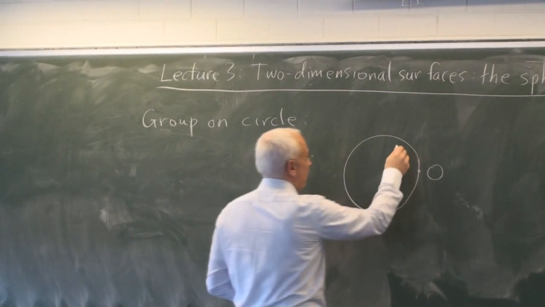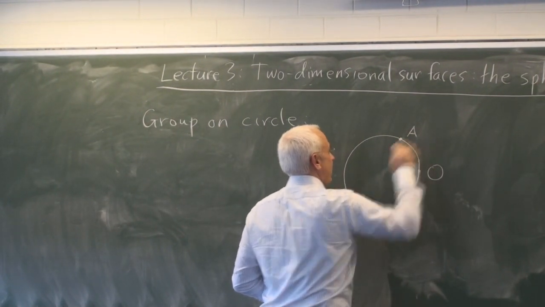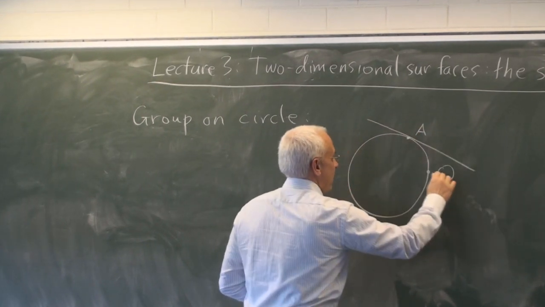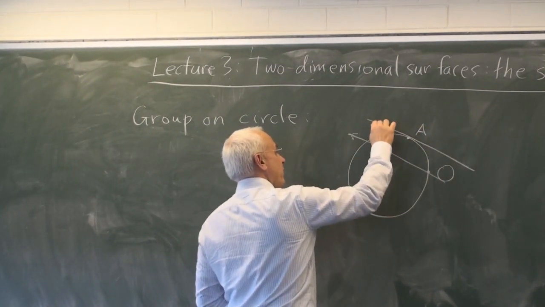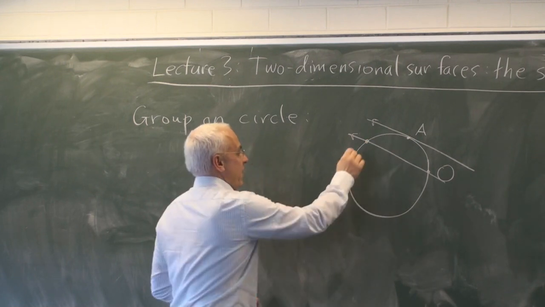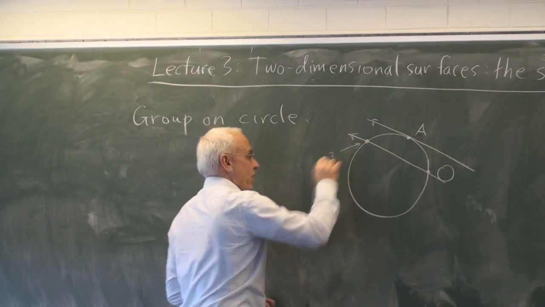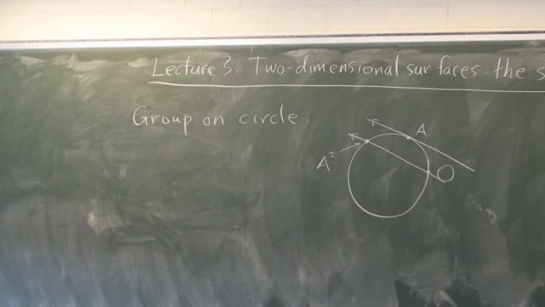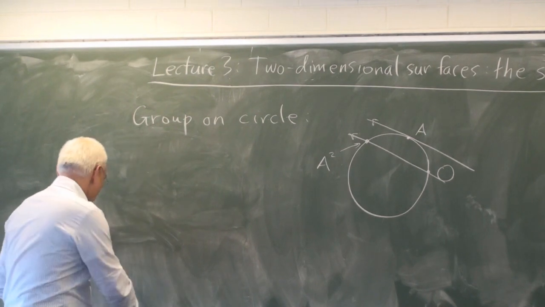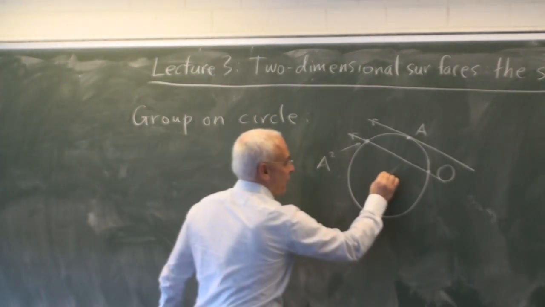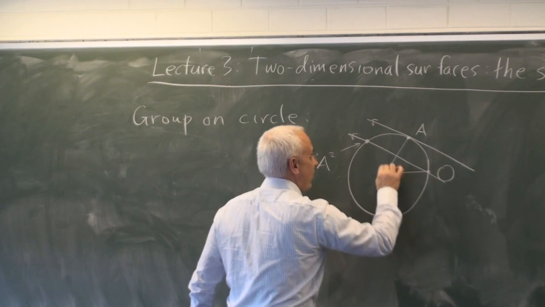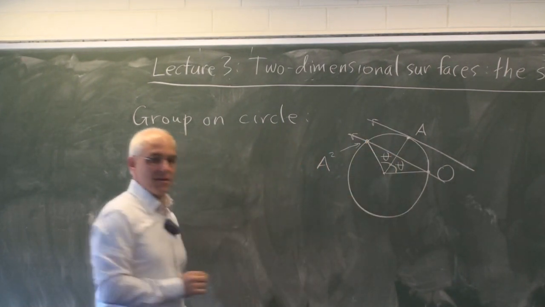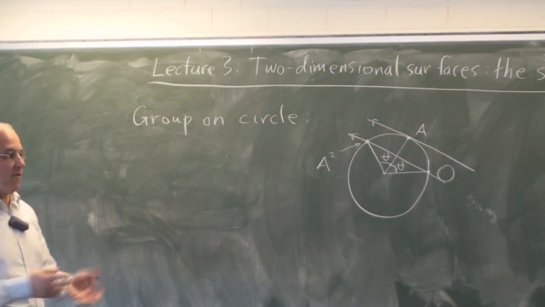And I remind you that if you take an element A and you want to square it, then what you do is you take the tangent and then you make a parallel line through the origin, through A rather, and then this point here is A squared. So this is a squaring map on the circle defined purely geometrically. And if we want to relate that to angles, well then it's not too hard to see that these angles are exactly the same. We're just doubling the angle in the obvious way.